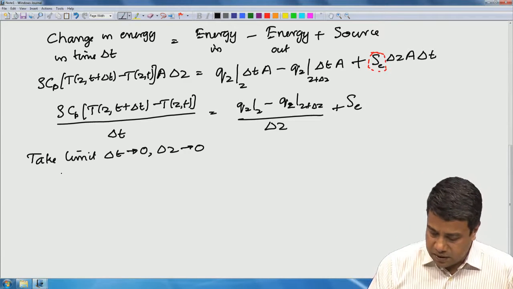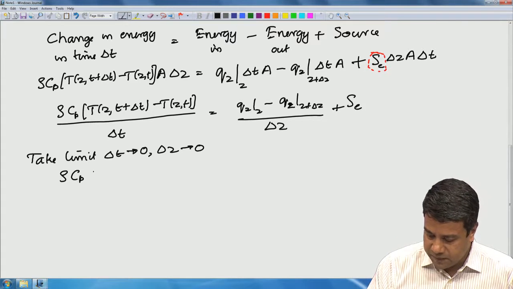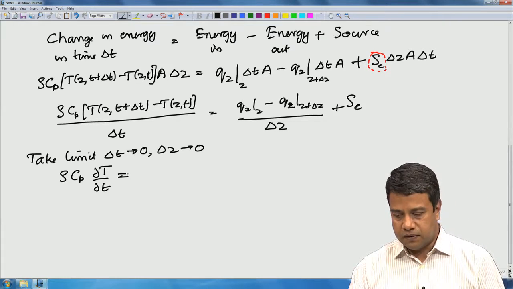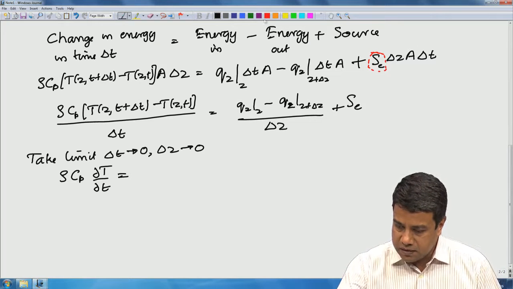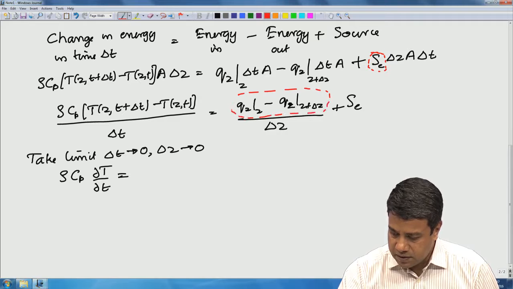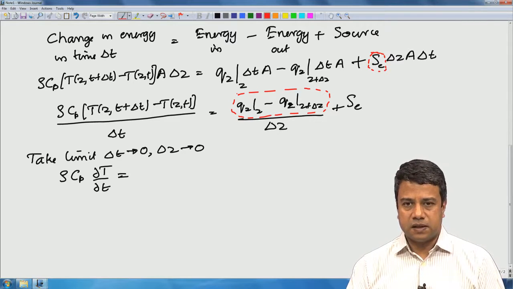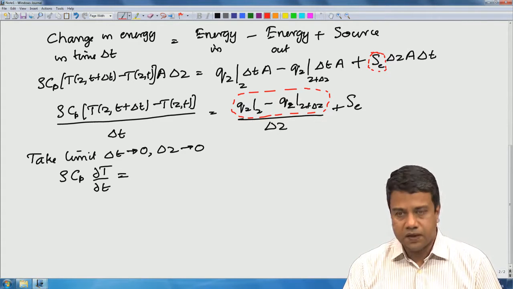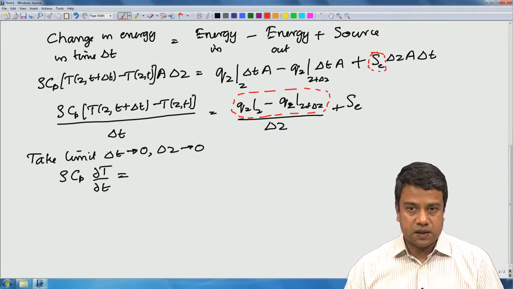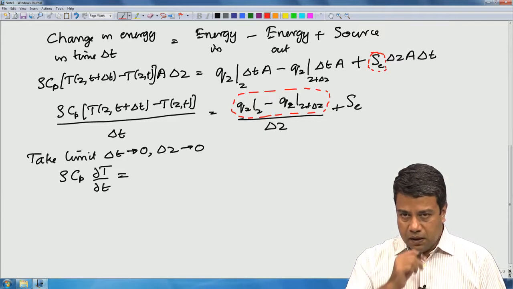So, you will get rho Cp partial T by partial t, when you take the limit of time interval going to 0. The right side is q at z minus q at z plus delta z, divided by delta z. Normally, we write the derivative as q at z plus delta z minus q at z divided by delta z.